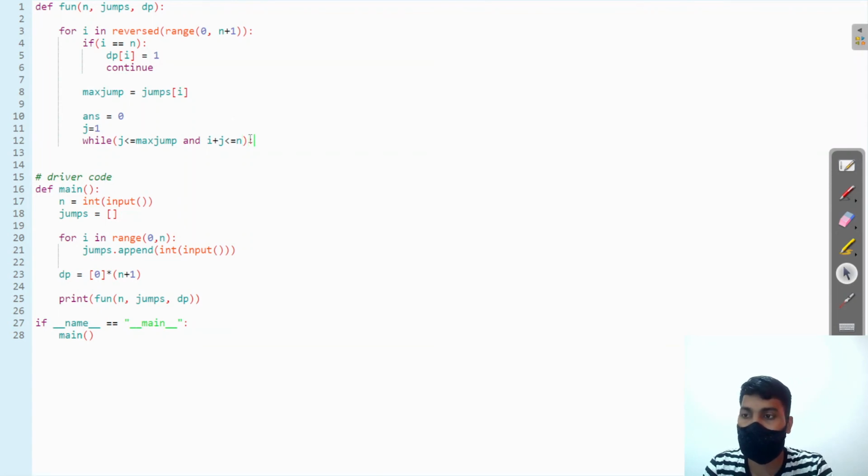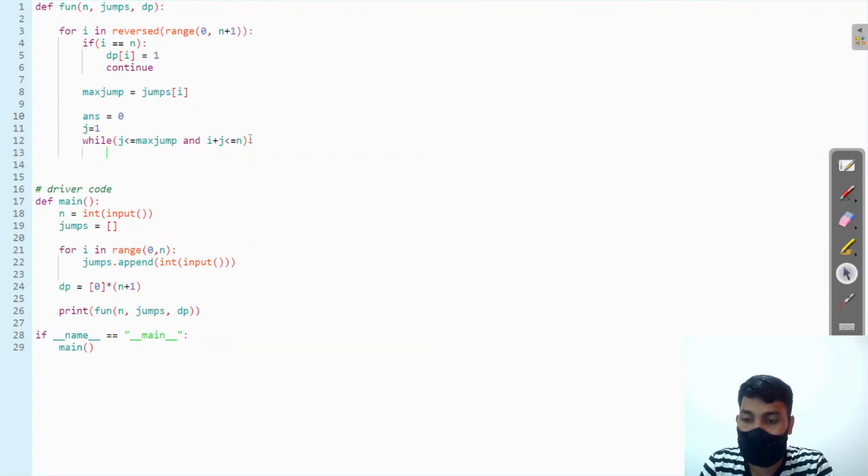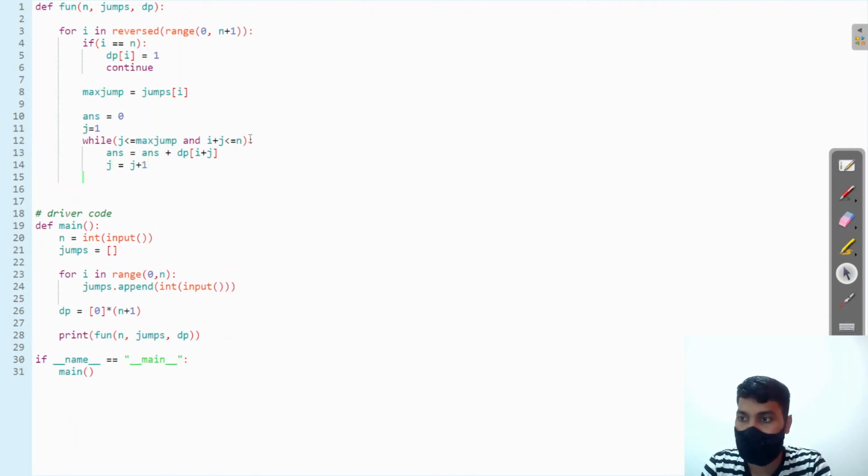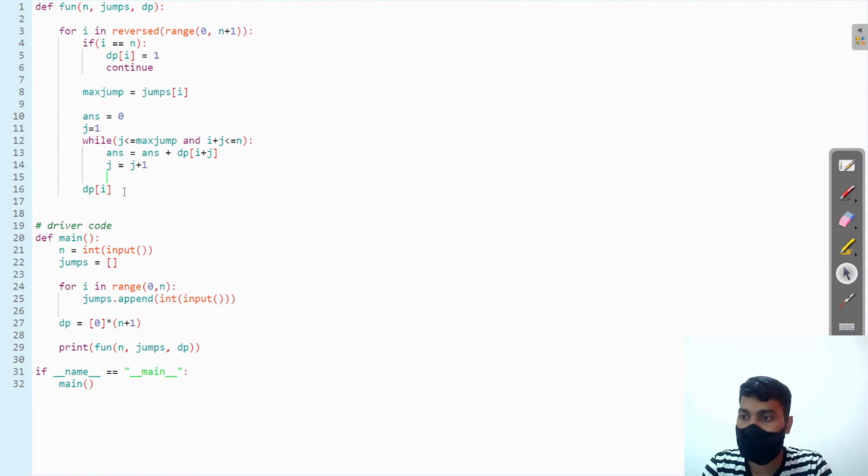After this, what do we have to do? We have to just keep on adding this answer, and first we have to increment our j, and now at the ith index of DP, we have to store this answer.